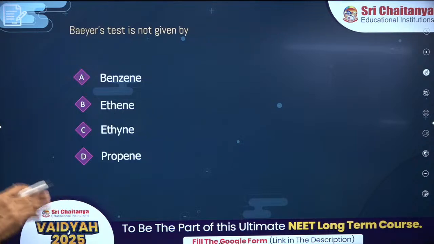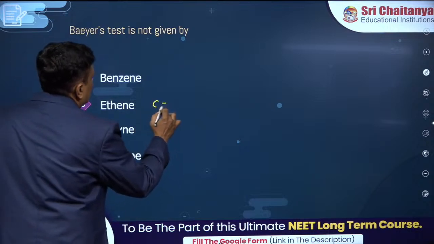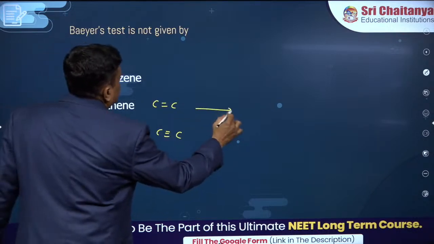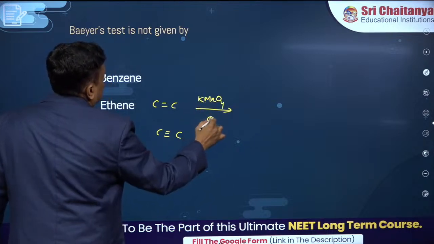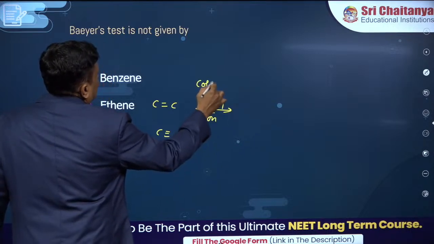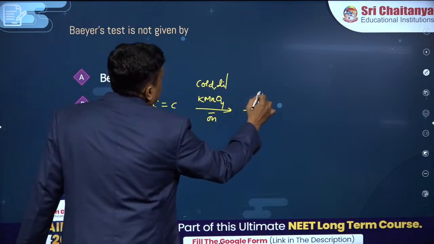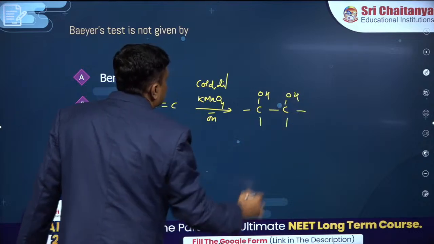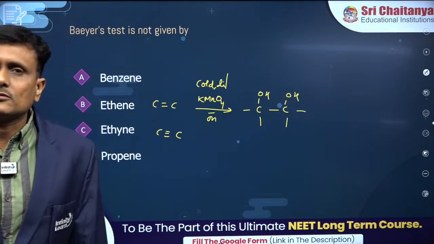Yes. Bayer test, cold dilute KMnO4. You know that the compound which has a double bond or triple bond is added to this Bayer reagent, cold and dilute. Remember, this is opposite to what you have studied during the first discussion, where KMnO4 hot will act as an oxidative cleaving agent, whereas cold dilute will just oxidize the bond, does not break it.